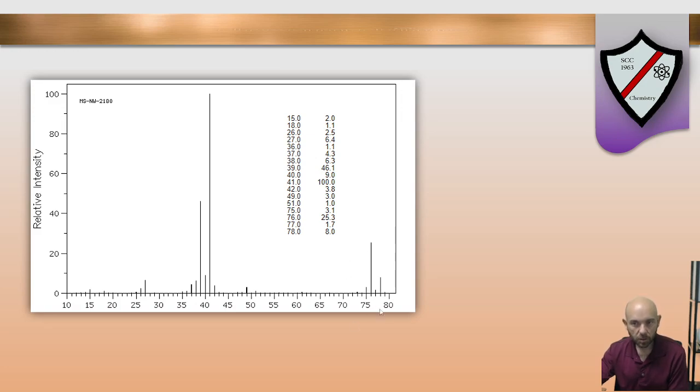Unless told otherwise, we assume that the largest peak in the last grouping of peaks is the molecular ion. So it looks like this molecular ion has a mass of 76. There is a molecular ion plus one peak of 77 mass, with a 1.7% abundance. And then there is a molecular ion plus two peak of 78 mass at 8% abundance.